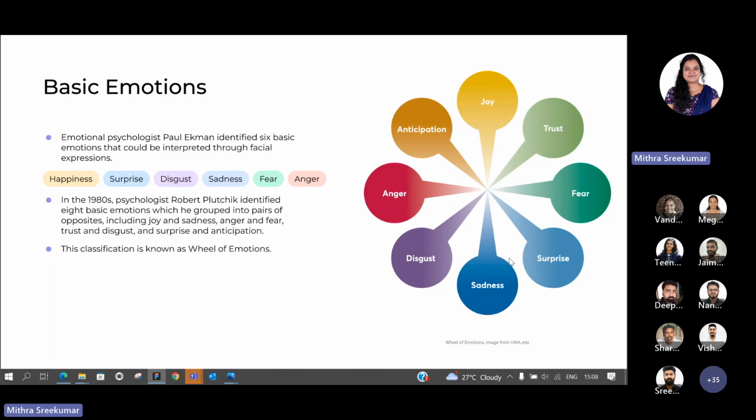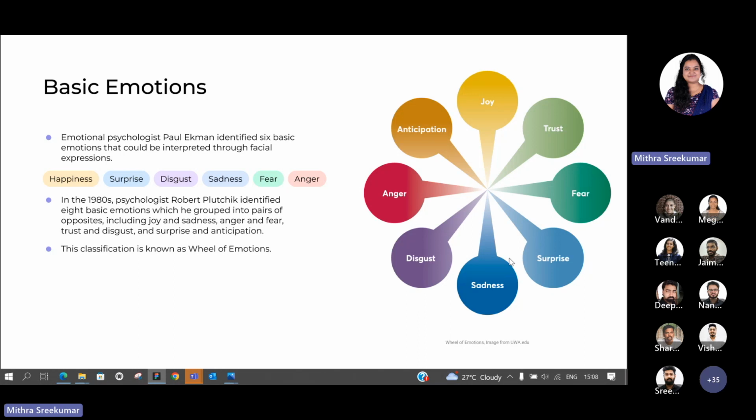As for basic emotions, they were first categorized by Paul Ekman into six: happiness, surprise, disgust, sadness, fear, and anger. Later on, Robert Plutchik added two more emotions and created a wheel-like structure, illustrated on the right side, known as the wheel of emotions.